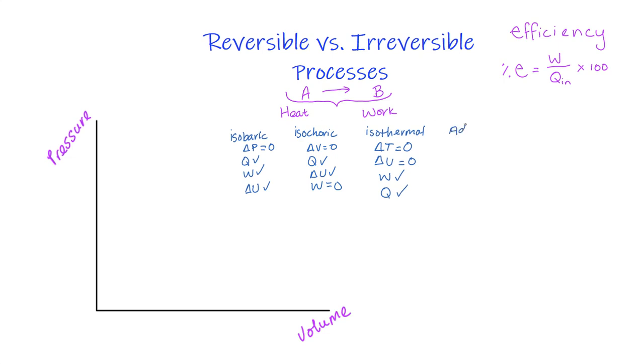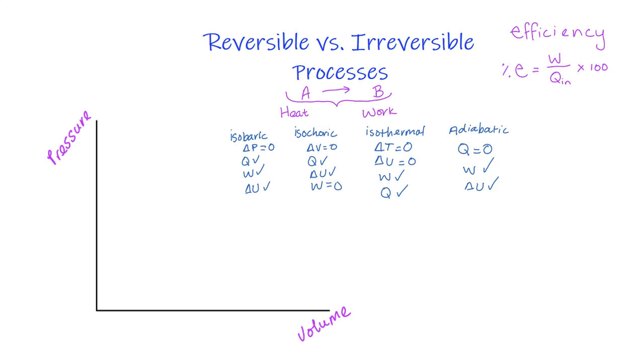The last one that we've looked at was the adiabatic process, and this was defined by the fact that pressure, volume, and temperature could all change, but that there was no heat exchange between the system and its surroundings. In this case, again, work could be done and internal energy would have to be changed of the system, but not because of an exchange of heat between the system and its surroundings.